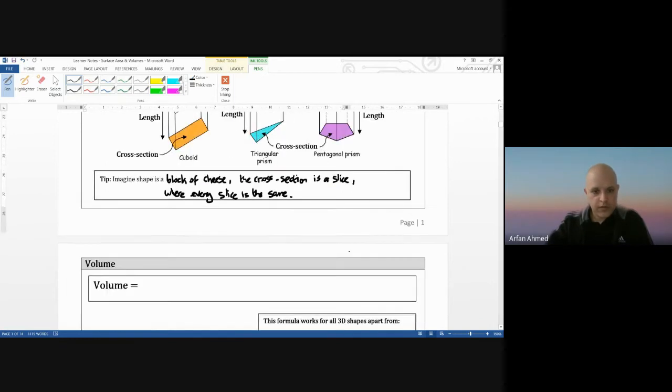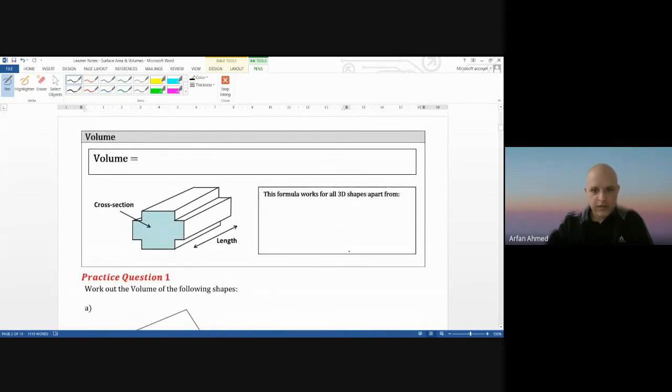So if you turn over to the next page, the formula is you need the area of the cross section. The cross section could be any shape, as we've just seen. Area of the cross section multiplied by how long that 3D shape is.